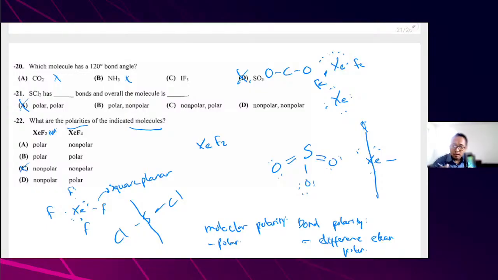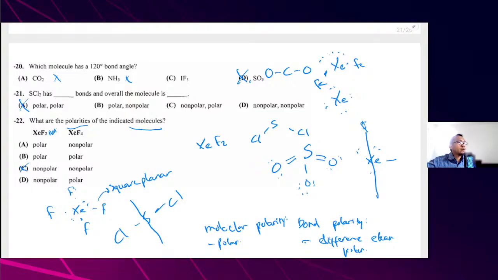Why not? Because SCl, S has lone pairs, right? There are two lone pairs, but not one more.